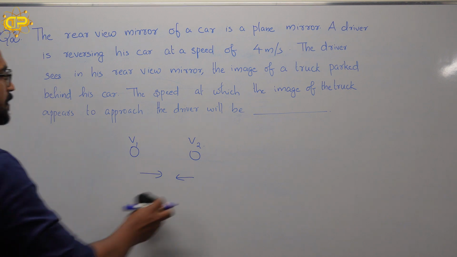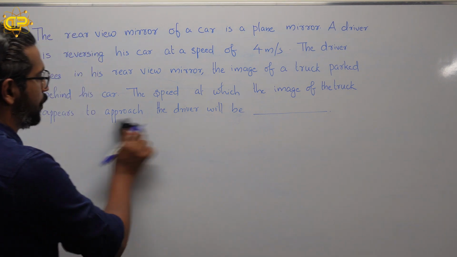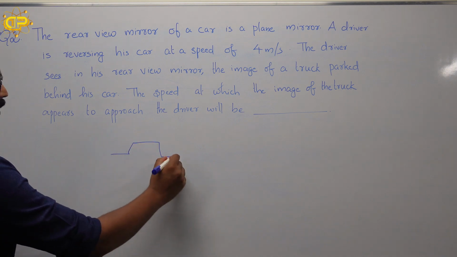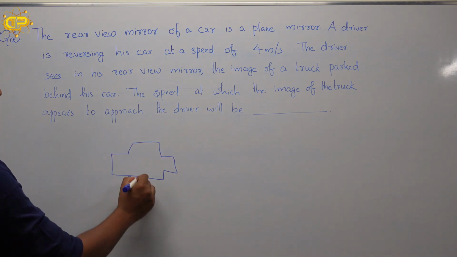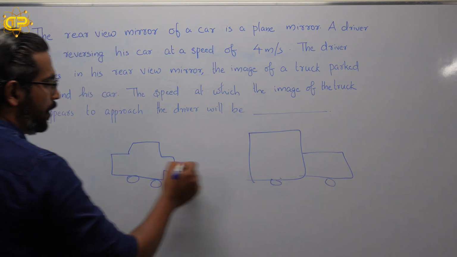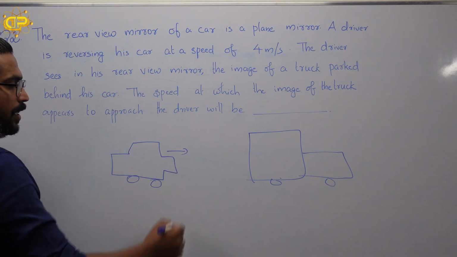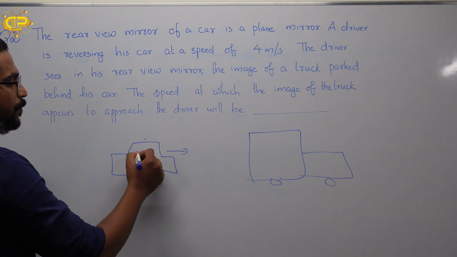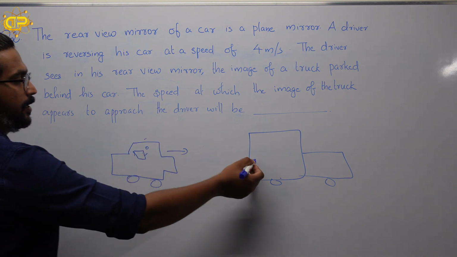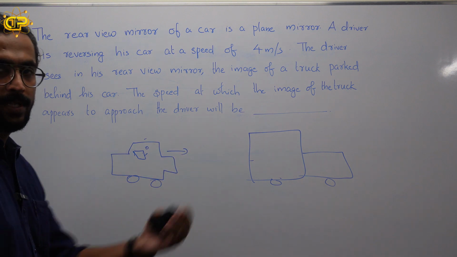So here, let us come to this particular question. Here you can see that there is a car, and then there is a truck here, and this car is moving backward, and he is seeing through his rear view mirror that the truck is also approaching towards it.